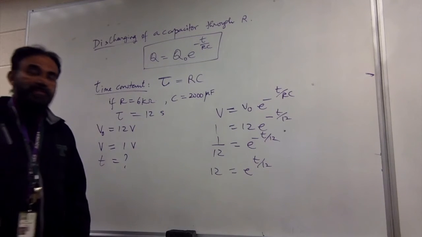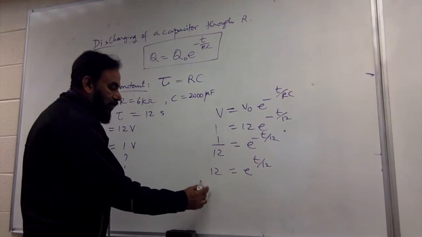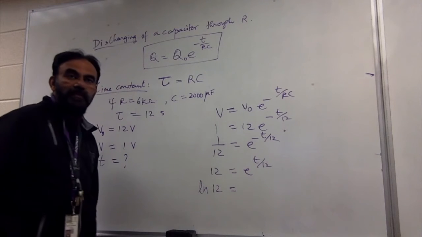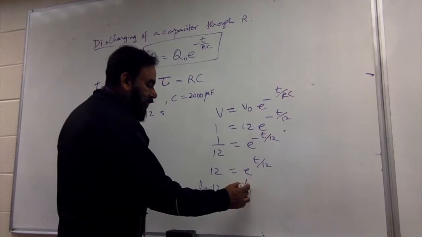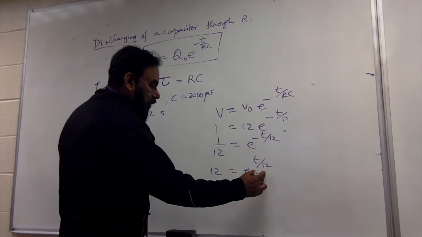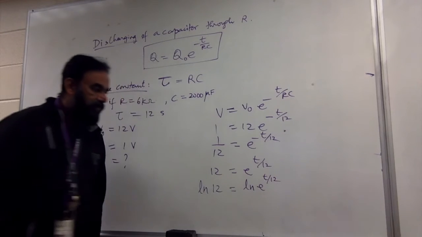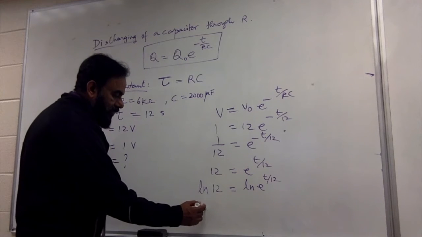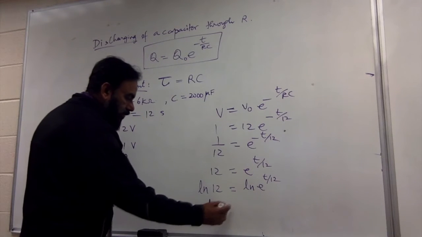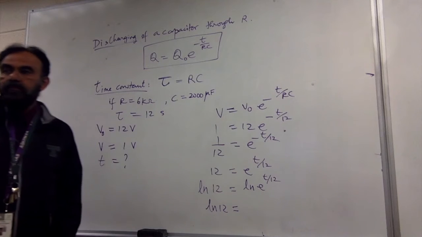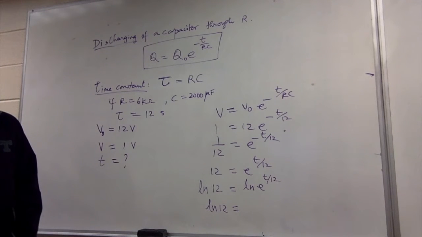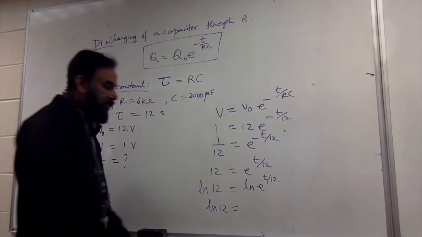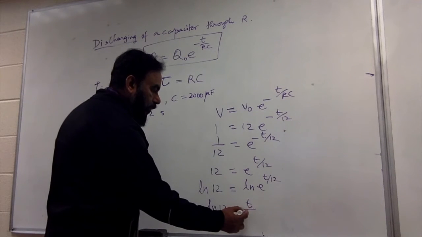Now what you do from here is take the natural log on both sides. What do you have then? Natural log of 12 is equal to T over 12.